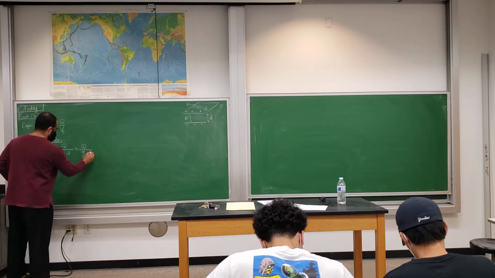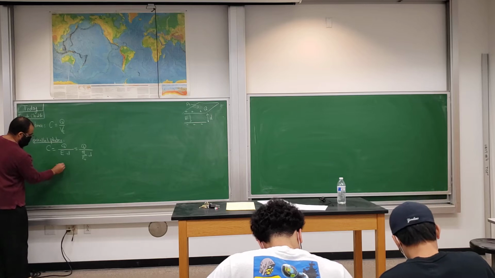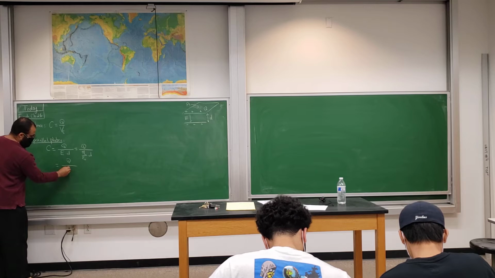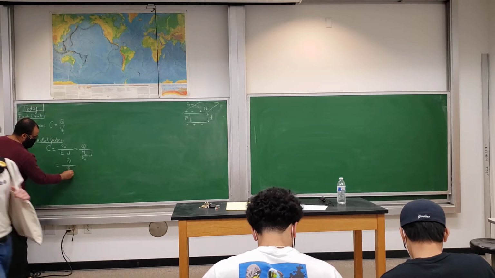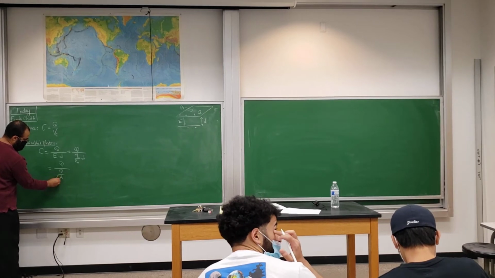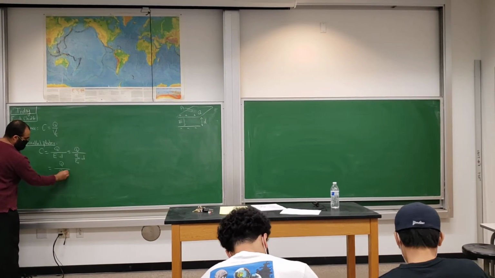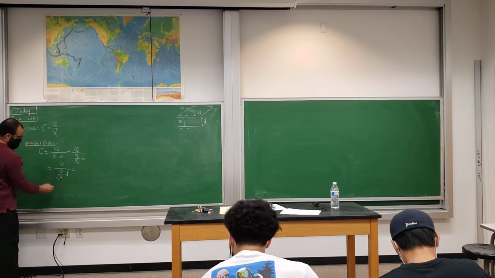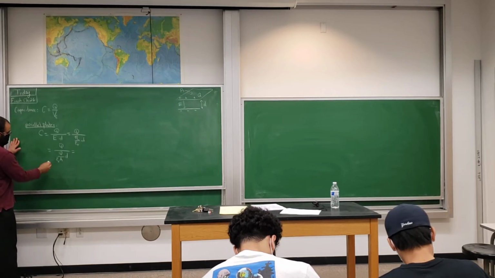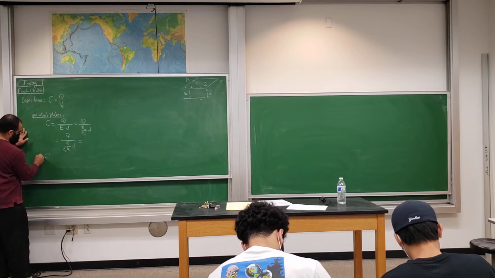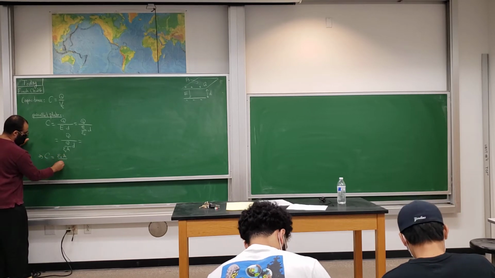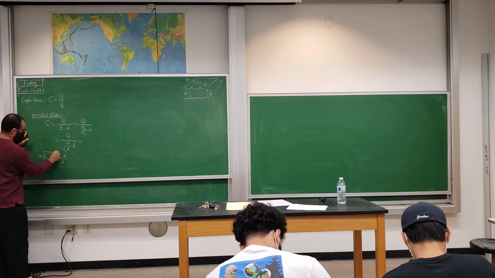So you will get Q over, eta again is the charge over area, so capital Q over the area, and I have the epsilon naught at the bottom, and then I have D here, and the Q will cancel and you flip the expression, and it ends up being this: C is equal to epsilon naught times the area divided by D. That's the capacitance.